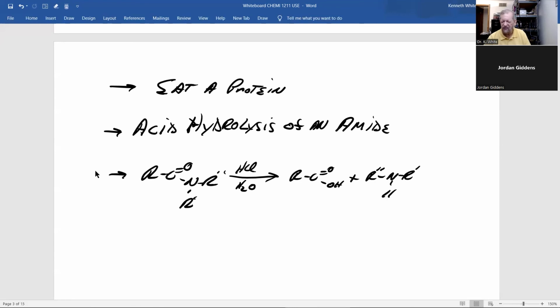In the presence of acid, you get the amine salt of the amine you would have used to make that. So eat a protein, key functional group that holds amino acids together in a protein is an amide, and you have acid hydrolysis of an amide. And here's the general reaction.